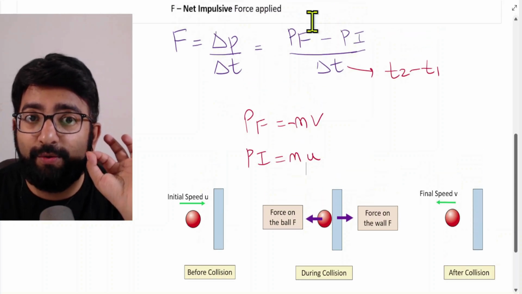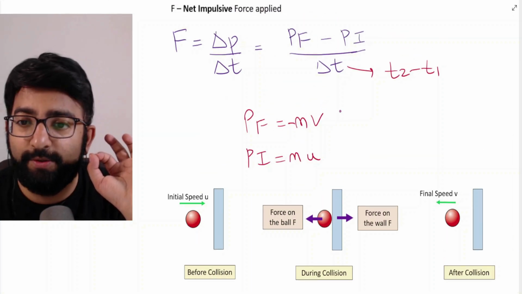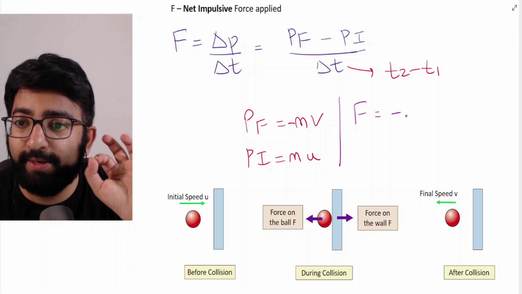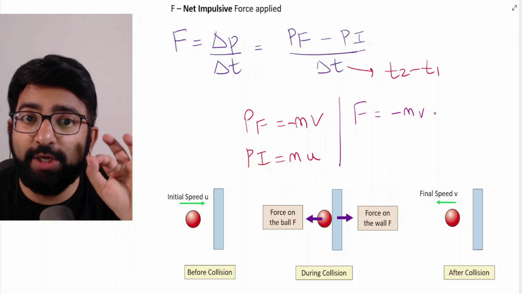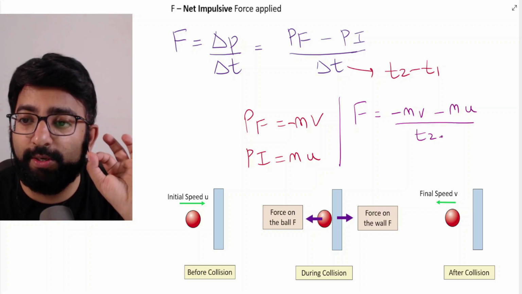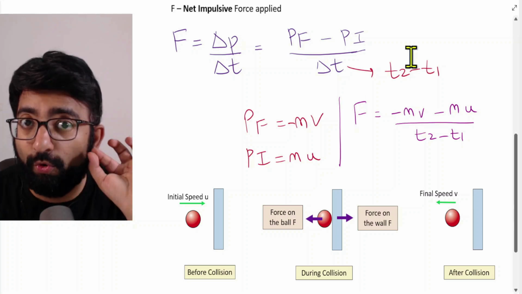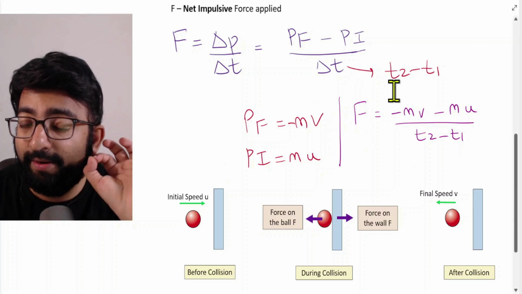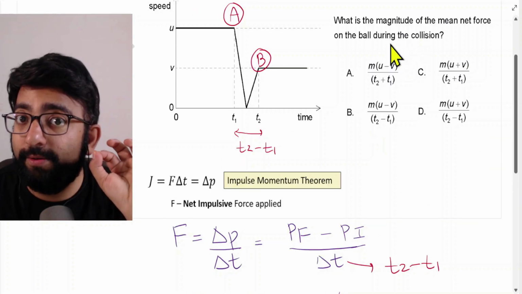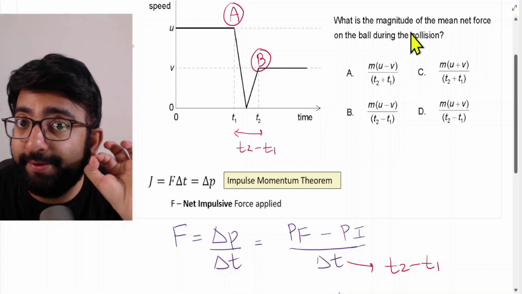So let's put these values in the formula for force. Force will be equal to the final momentum, negative mv, minus initial momentum, mu, divided by time taken, T2 minus T1. Now let us go back to the options and check, does this fall under any of the options? Also, please look at the keyword in the question. We have to find the magnitude only.